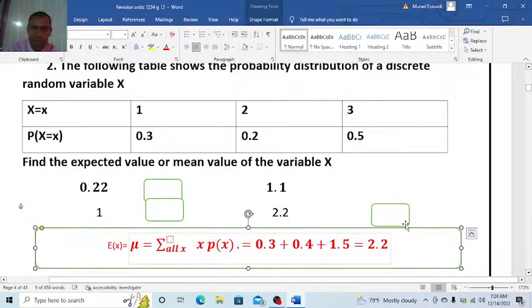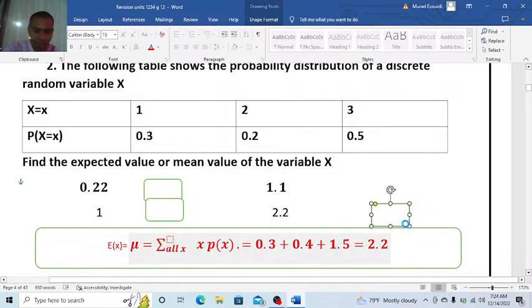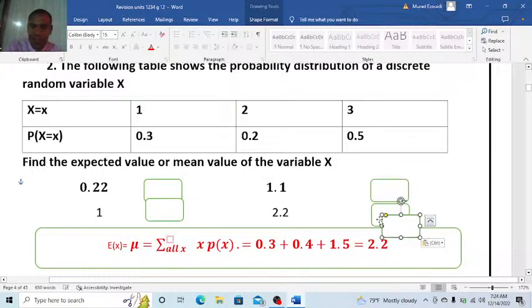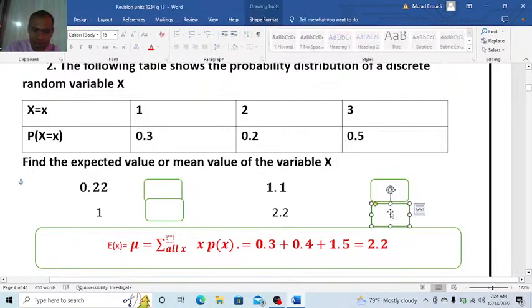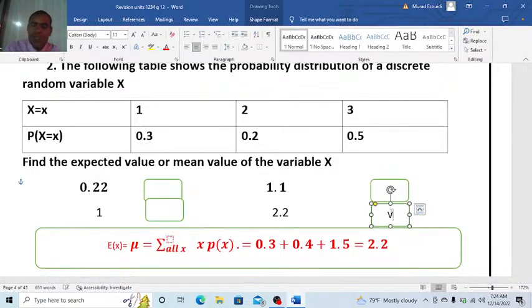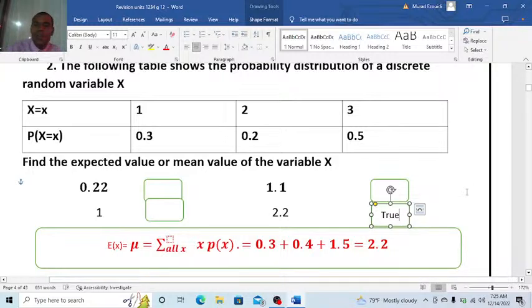We told that the correct answer is 2.2. I will write here a capital V, meaning true. This is the correct answer.